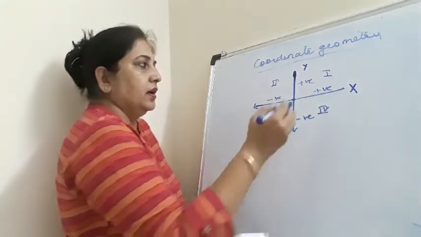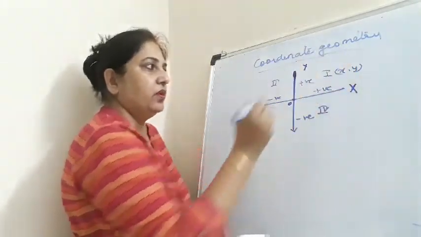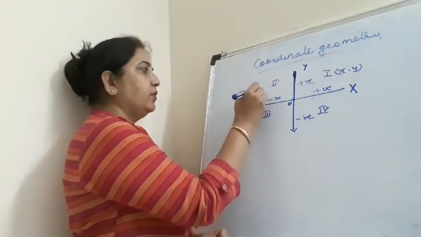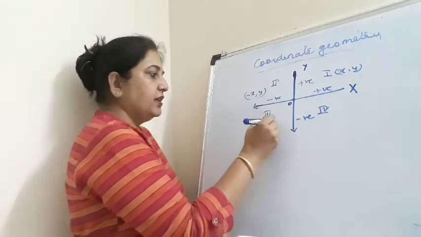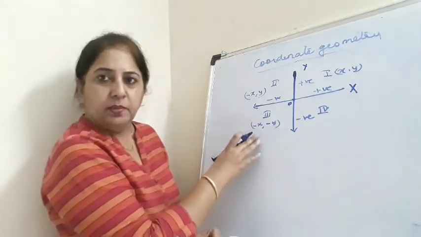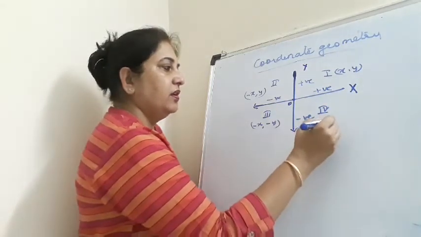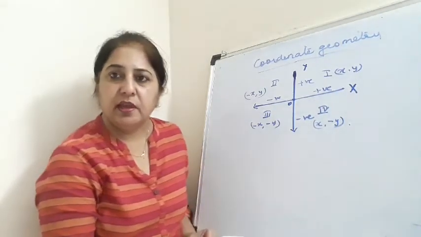In the first quadrant, the coordinates of x and y both will be positive. In the second, it will be negative and positive, that is minus x and positive y. In the third quadrant, both will be negative, and in the fourth quadrant, x will be positive and y will be negative.